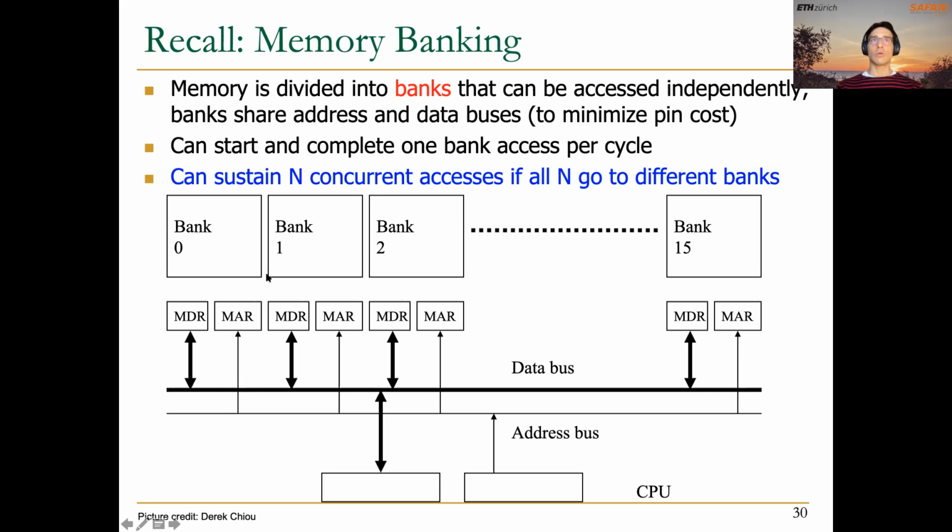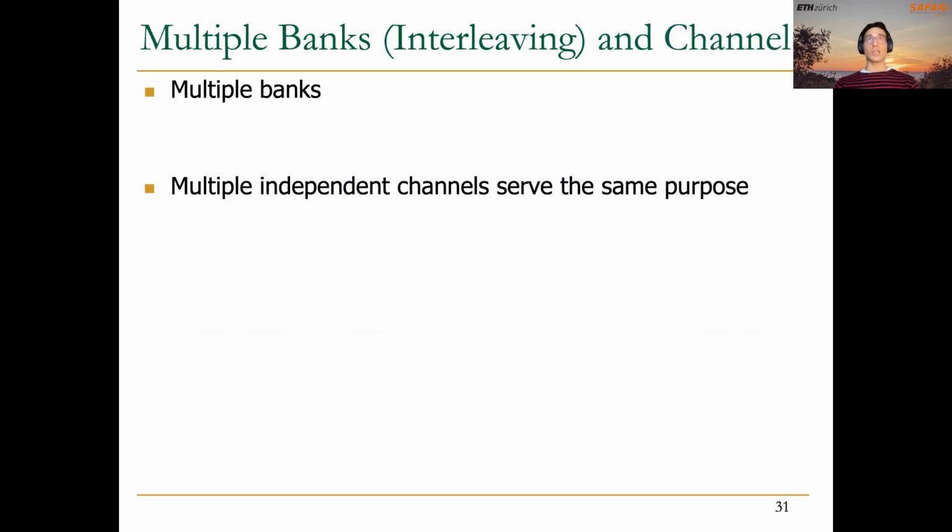One cycle later, we will have the value read from bank 1, one cycle later from bank 2, and so on. So banks are useful to make better use of the available bandwidth and exploit more bandwidth.